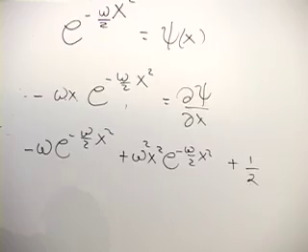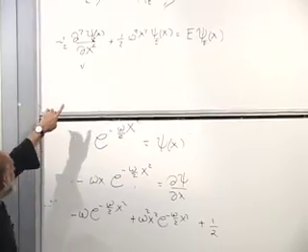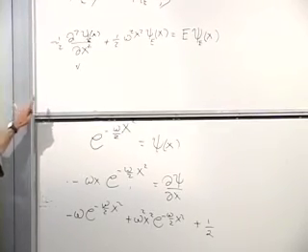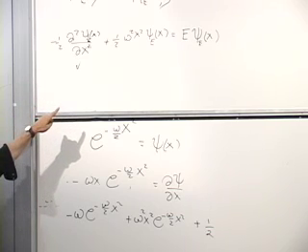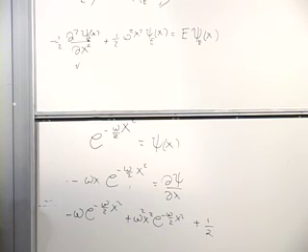Do I have the sign wrong? I wanted an overall minus sign. Yeah, I think I have the overall sign wrong. I want minus 1/2 of the second derivative.